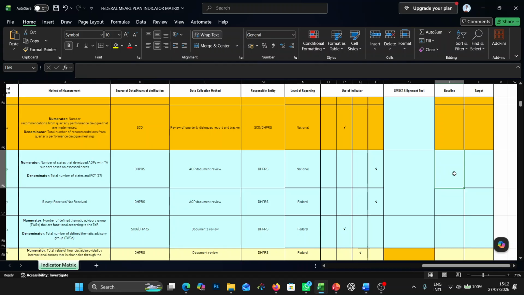So let's say, for example, 36 out of 37 states and FCT submitted. What you are going to type in this baseline as at 2026 will be 36. But don't forget that what we are tracking is percentage. So based on this method of measurement, you will now divide 36 by 37 to get the percentage of number of states that actually submitted.